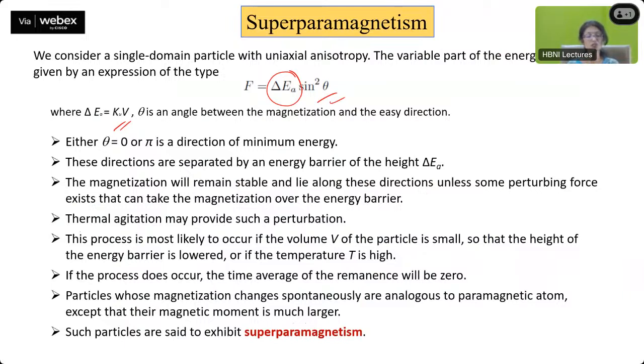If the process does occur, the time average of the remanence will be 0. Particles whose magnetization changes spontaneously are analogous to paramagnetic atoms, except that their magnetic moment is much larger. That is why these particles are said to exhibit superparamagnetism.